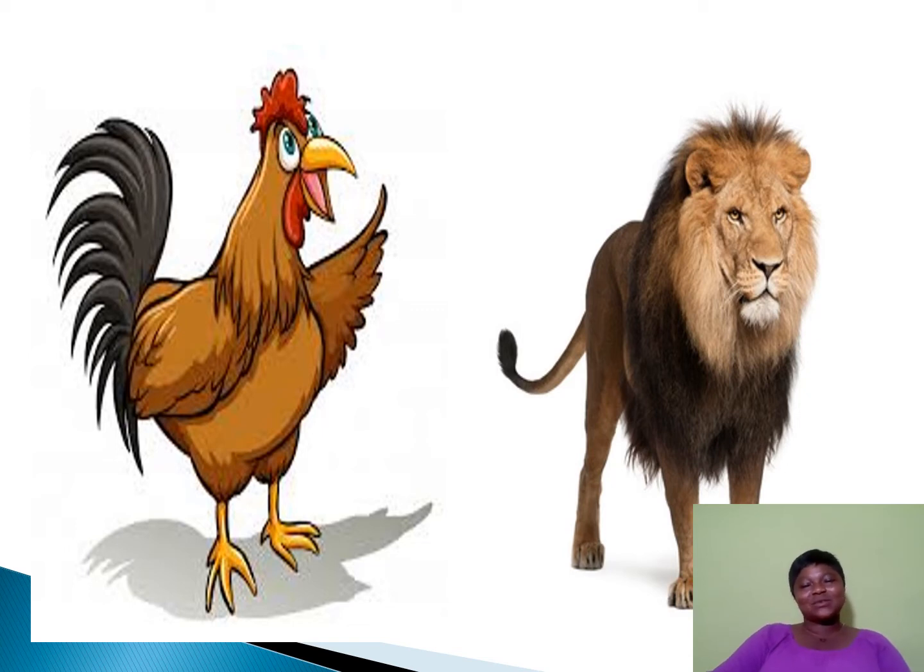Good. What about the next one? I cannot hear you. A tiger. A tiger. We identified a goat and a frog in our previous slide, and now we have a cock and a tiger.